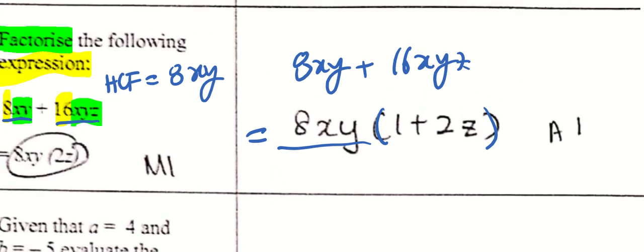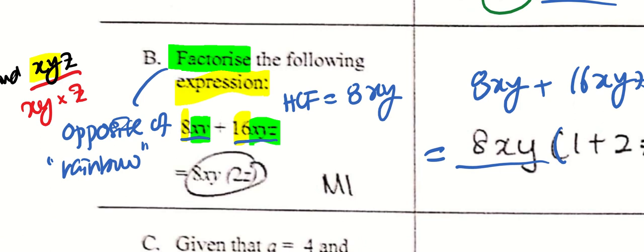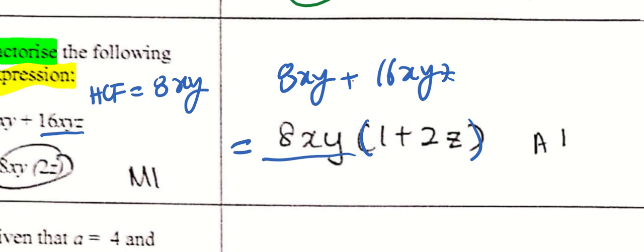Okay, you can see how it's factorized. So one thing that can help you to figure out what's wrong in the example on the left hand side is that we have a plus sign in the original expression. So when you factorize, there should also be a plus sign.